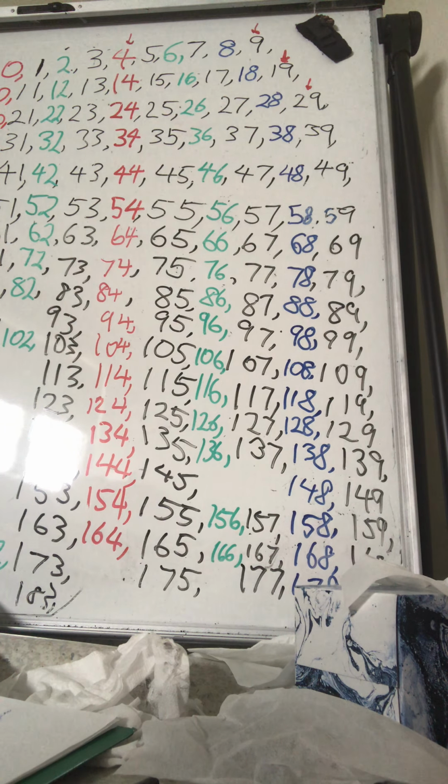Wait, it's the 2 times table, not the 3 times table. Yeah, also 4 times, wait, no. There's 4 of the 3s and 4 of the 1s. Oh, I get it now. So 4 of the 3s is 12, right?